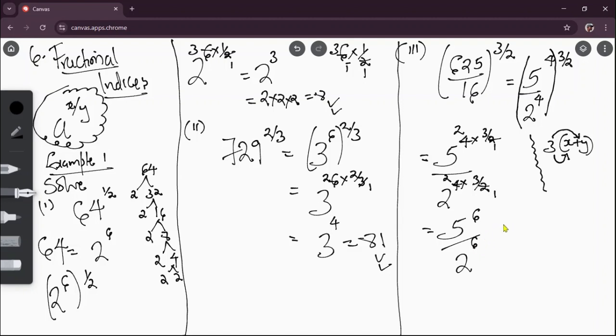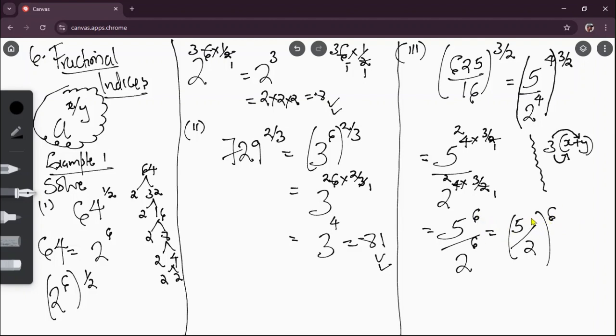So I go ahead. If I'm told to leave my answer in index form, I can just write that way. Or because these powers are the same, I can put them under the same power. So I put 5 all over 2, all raised to power 6. I can leave my sum like that. If the powers were different, I could not factor out 6 outside.